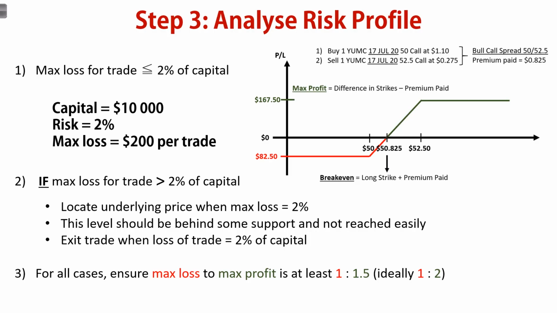Lastly, always ensure that you are in a favorable trade. That is, the trade will earn you more than what you have risked. Minimally aim for a risk to reward of 1:1.5. Though personally, I will always go for 1:2. And if you look at our Yum China example over here, we are risking 82.5 to make 167.5. And that is clearly somewhere about 1:2.